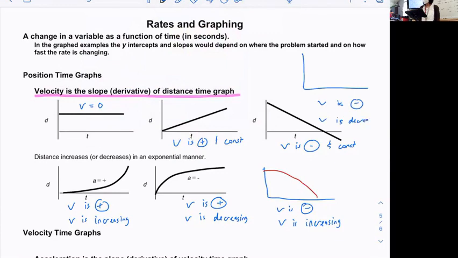What would that look like? What do you think? Negative velocity, so I'm still going downwards, right? And it's decreasing, so my slope is going to decrease and I'm going to become more shallow. It should look like that.